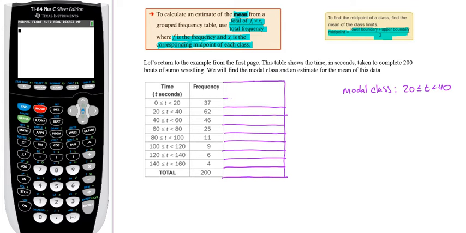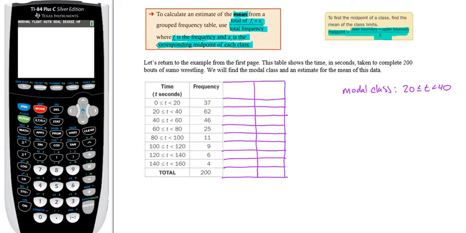For example, I just know there are 37 bouts of sumo wrestling that took between 0 and 20 seconds. I have no idea what the actual times of those 37 bouts were. So I can't add together all of the values because I don't know what the values are when I'm trying to calculate the mean or the average.